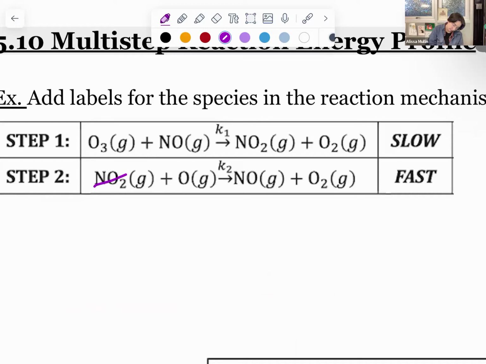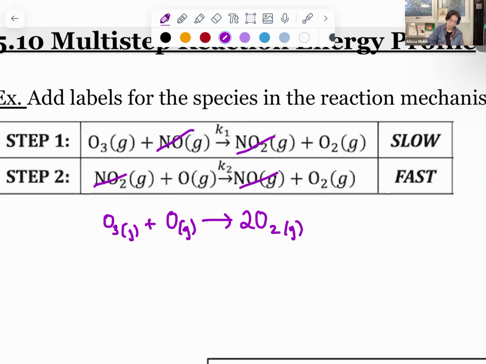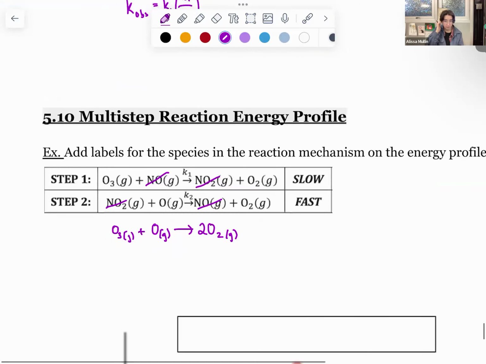I noticed this is an intermediate, and this is a catalyst, meaning that my overall is this. And then I noticed that I have a slow and a fast step, two separate steps.